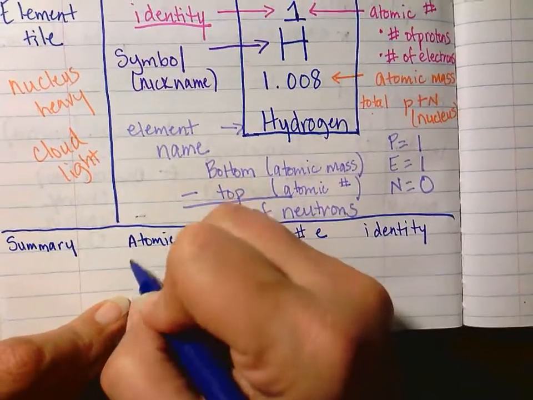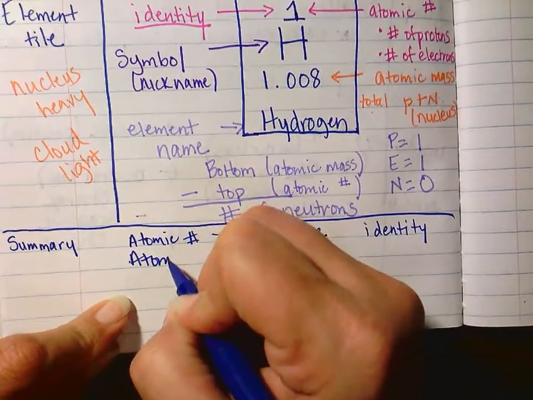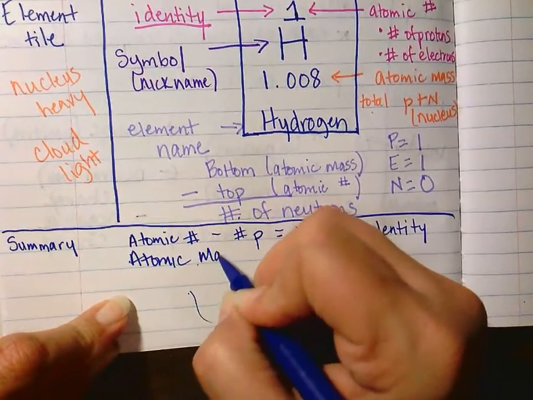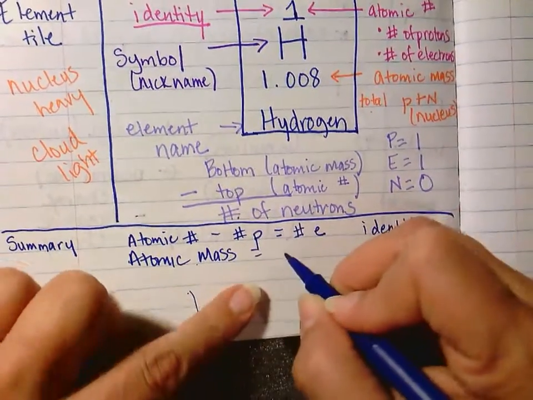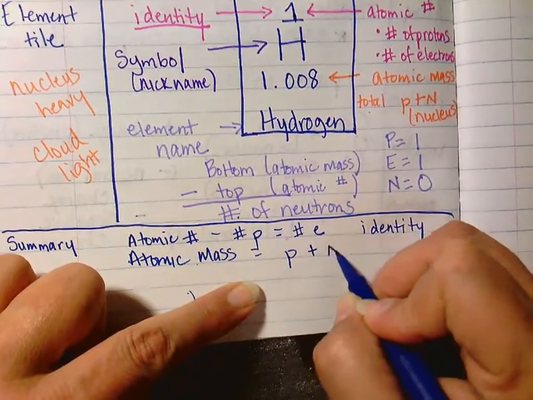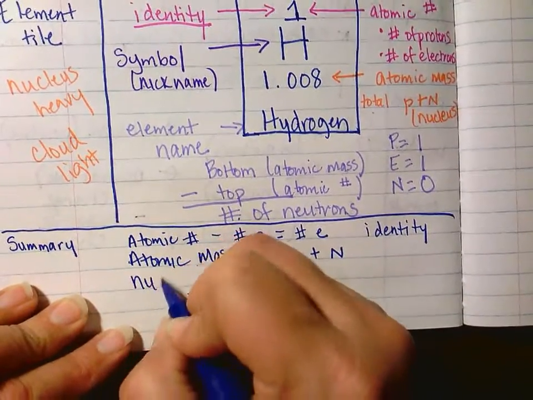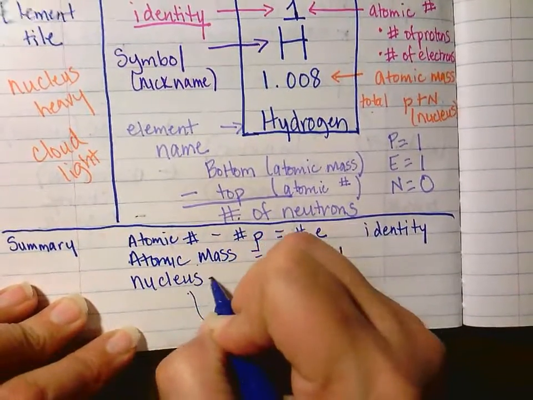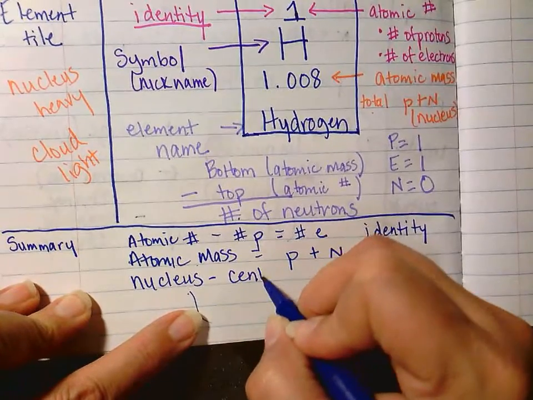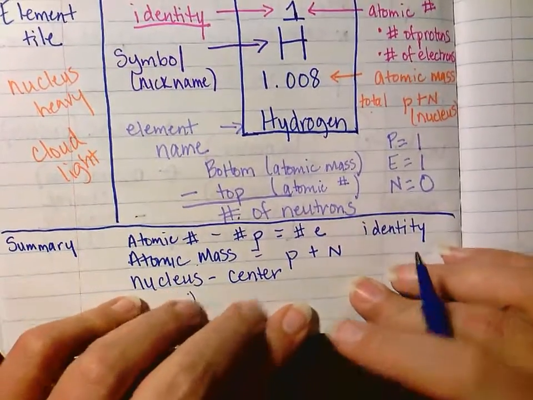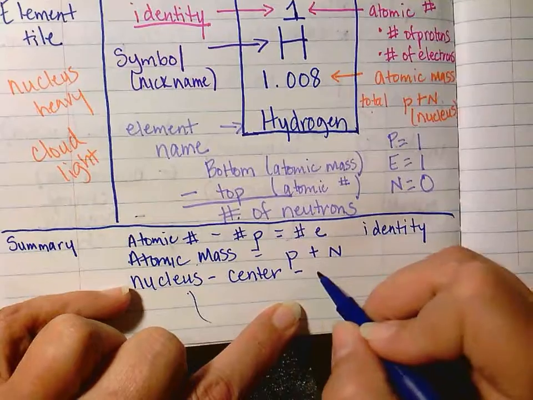We also know the atomic mass is the protons plus the neutrons. Okay? We know that the nucleus is the inside or the center, and it has the most mass.